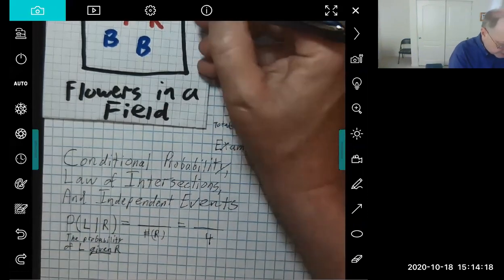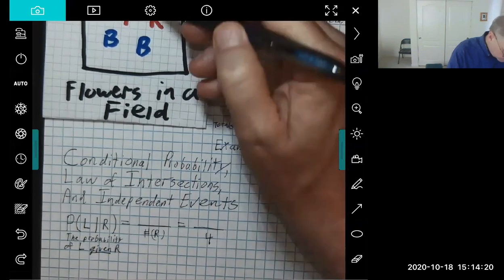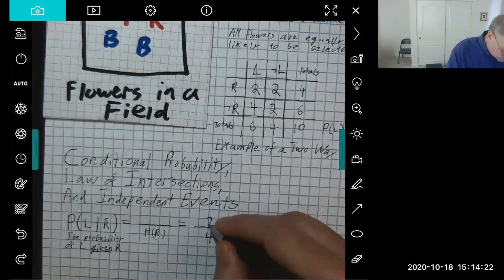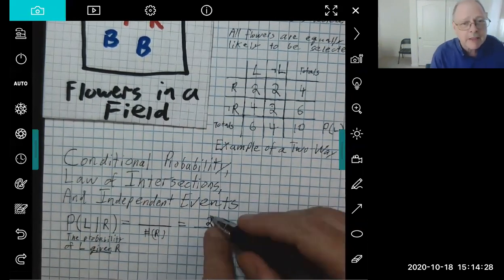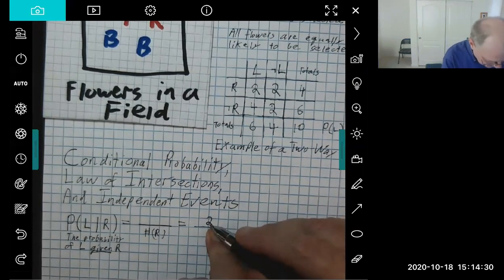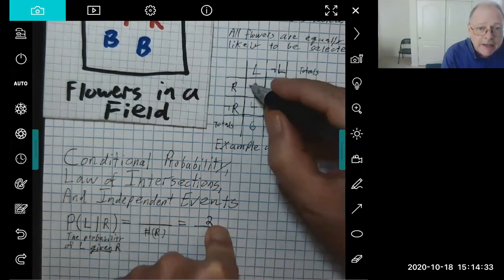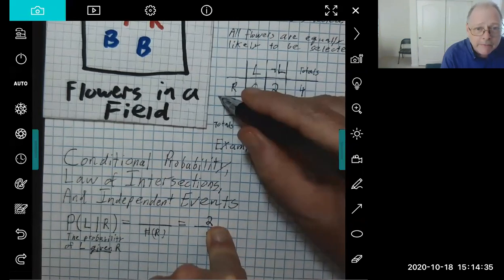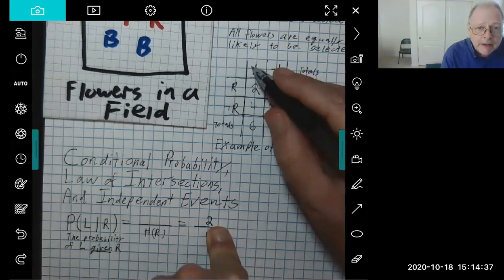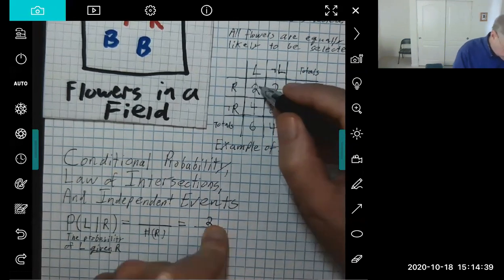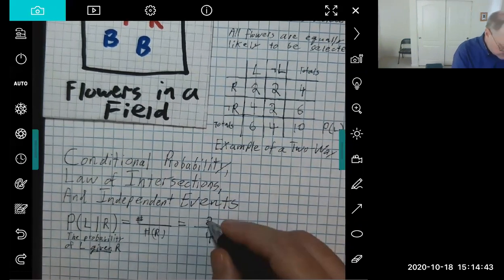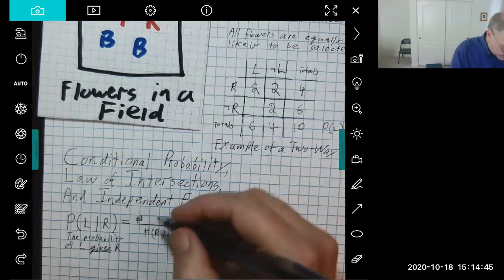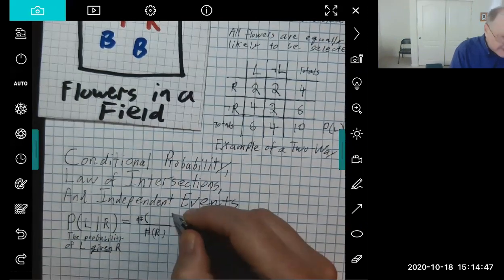Well, of those 4 red flowers, two of them are large. Those were the large red flowers. It's these ones right here in the red row and the large column. See, to get those two large red flowers, what's the event that I counted?